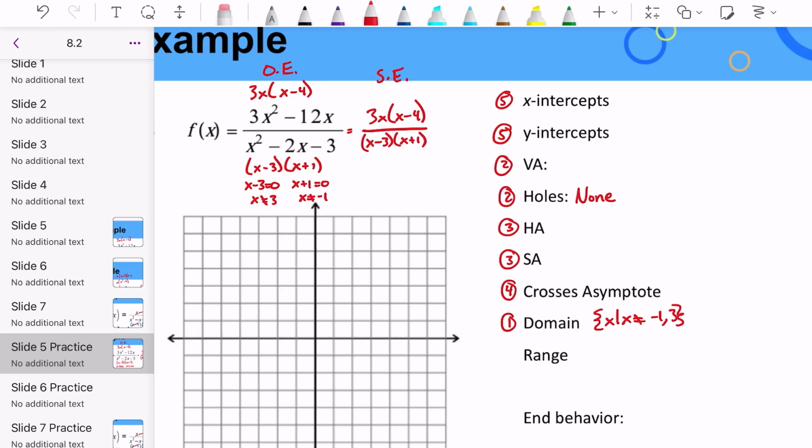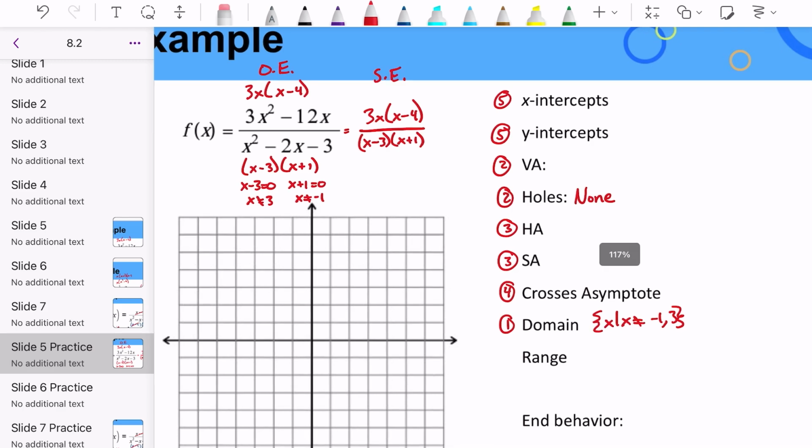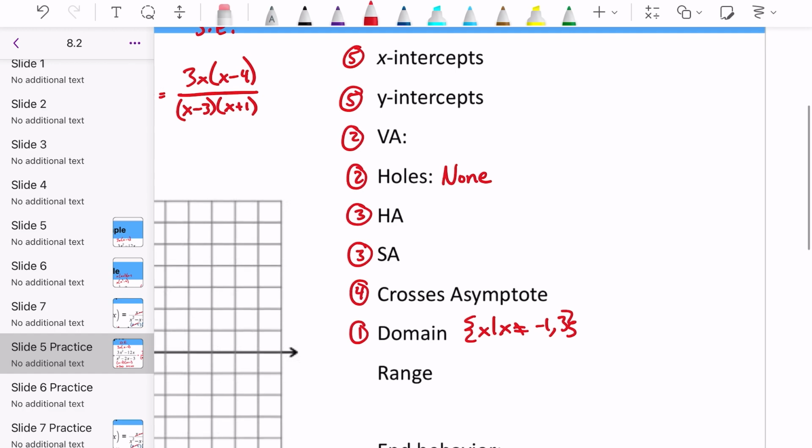Now, in this case, like I said before, nothing simplified down, but if it did, you would get your vertical asymptote from the simplified equation's denominator. You would set it equal to 0, and that would be our vertical asymptote. In this case, our vertical asymptote would be x is equal to negative 1, and x is equal to 3.